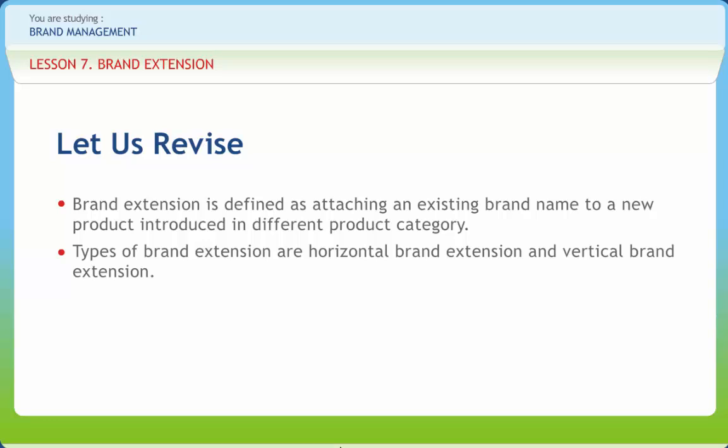Horizontal brand extension is an existing brand name applied to a newly introduced product in either a related product category or in a product class completely new to the company. A vertical brand extension uses the core brand name to launch products. Brand extensions are also classified into three types: product-related extensions, image-related extensions, and unrelated extensions.